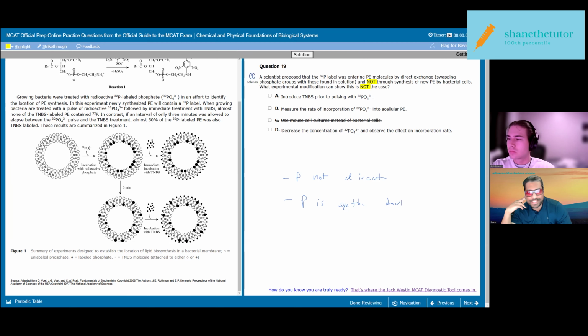If it's an acellular PE, that means it can't be a bacteria, it can't be any living creature.